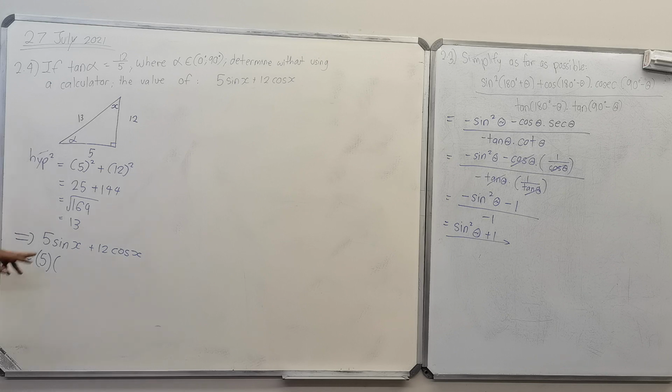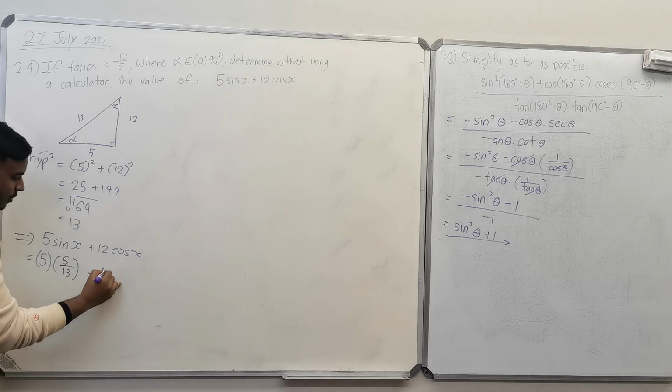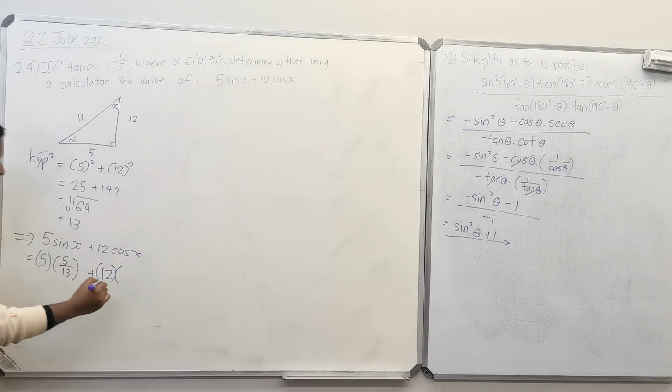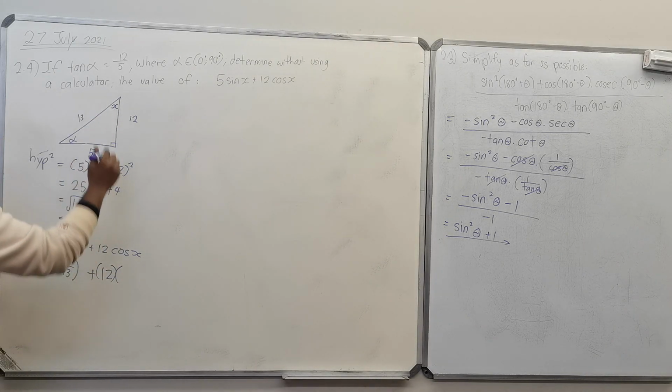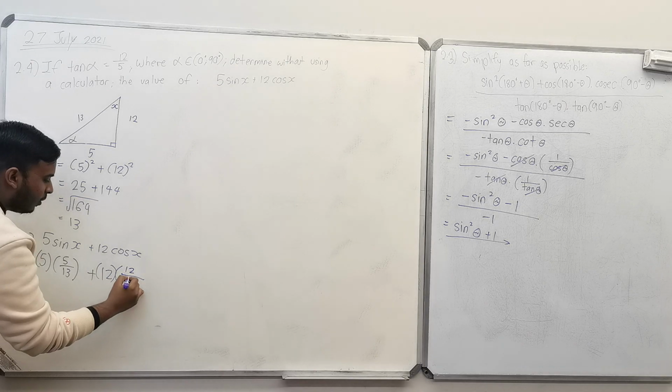But anyway, what is sine of x? Sine is opposite over hypotenuse. If x is here, what's opposite? 5 over hypotenuse 13, plus 12. Cos is adjacent over hypotenuse. Adjacent to your x is 12 all over 13.